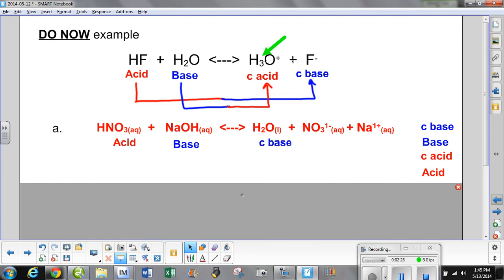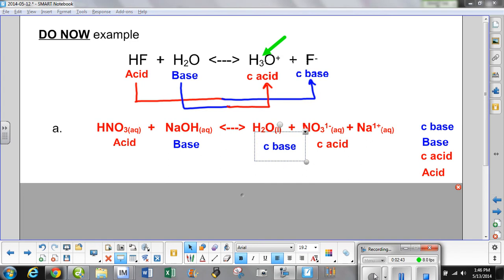Okay, there's your C base. No, that's not your C base. The C base is the acid after it loses the proton. Go ahead, let's get those C base and C acid in the right places.